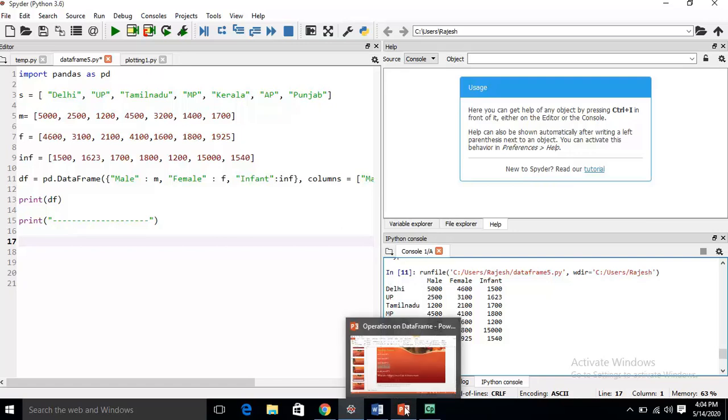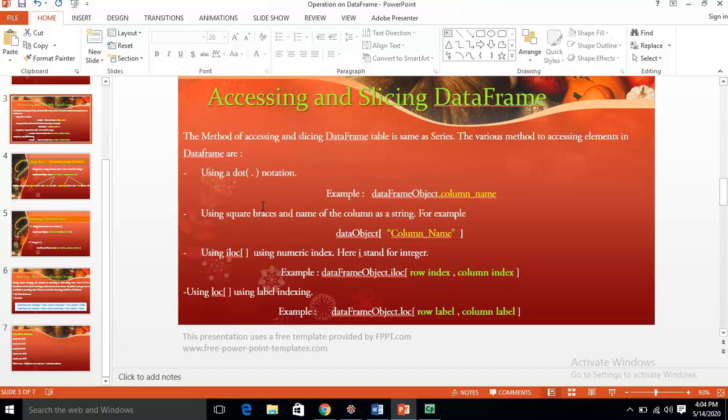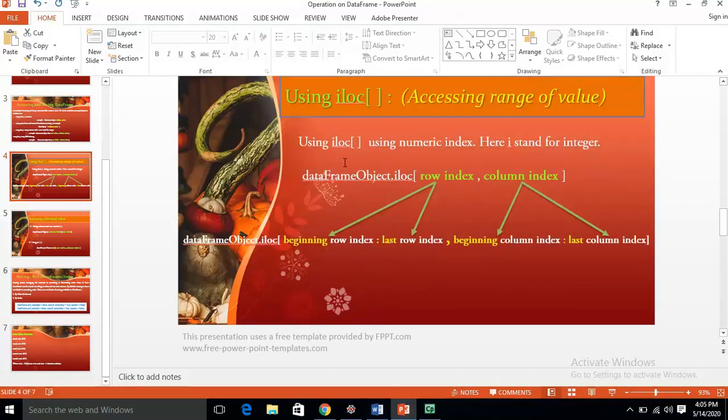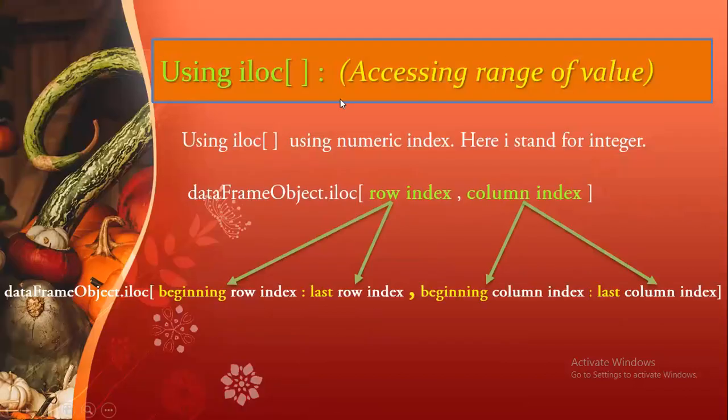When you have to access a range of data, then we use the function ILOC. With the data frame object we will use df dot ILOC, then row index.